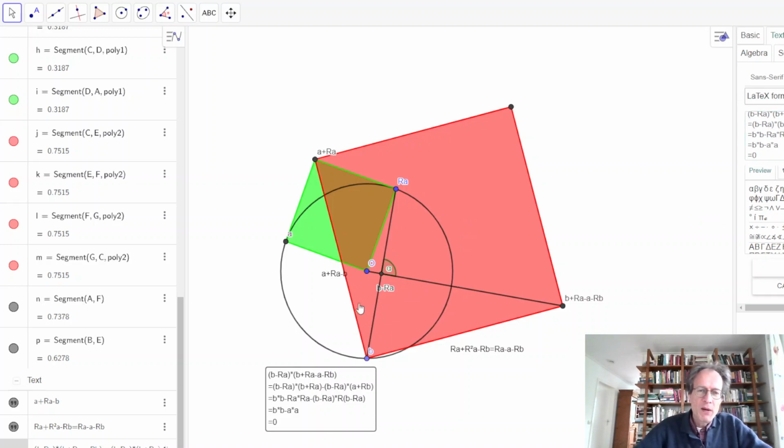So the dot product of those two vectors is 0, and that implies that they are orthogonal. In other words, the angle alpha is 90 degrees. And that completes the proof of the puzzle Wheel in Motion.